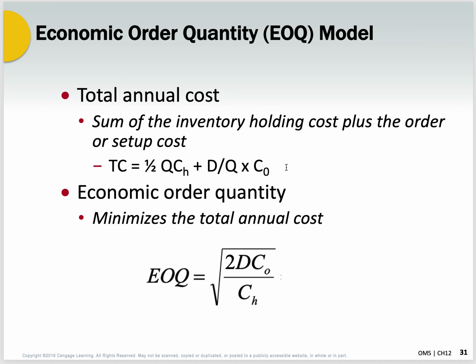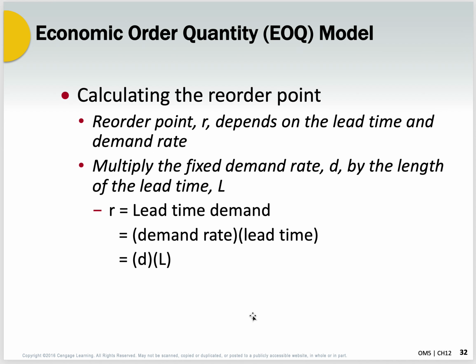I could add D times the unit cost to that, but remember, you're going to spend that anyway, so let's not even include it in the model. Solve for Q. Algebra, algebra, algebra, you end up with this. Your economic order quantity, or Q star, is 2 times the annual demand times the ordering cost divided by the holding cost, and you take the square root of that.